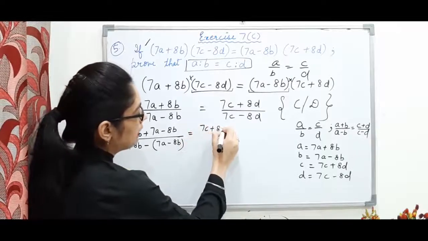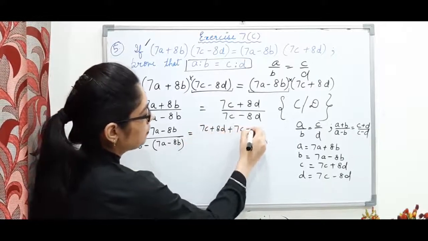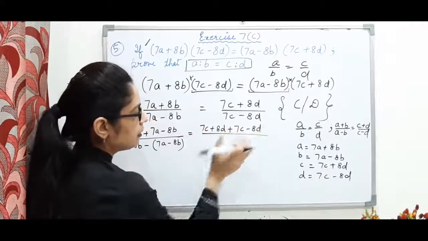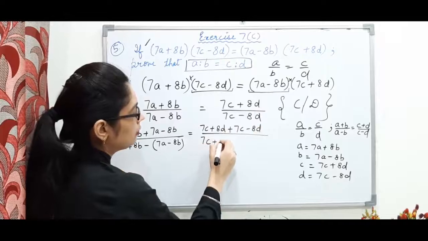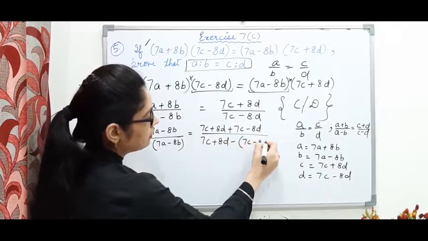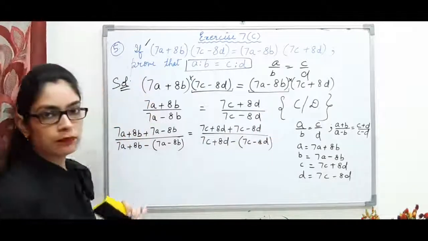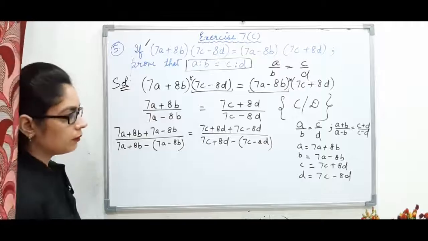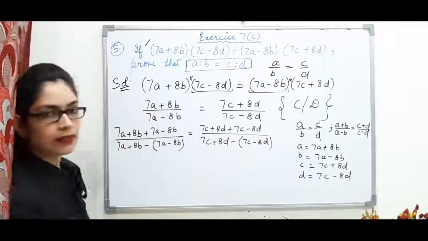Then 7c + 8d plus (7c - 8d). I have just done C plus D. Now C, which is 7c + 8d, minus D, (7c - 8d). Write the minus term in a bracket, so that while changing the sign we won't make any mistakes.